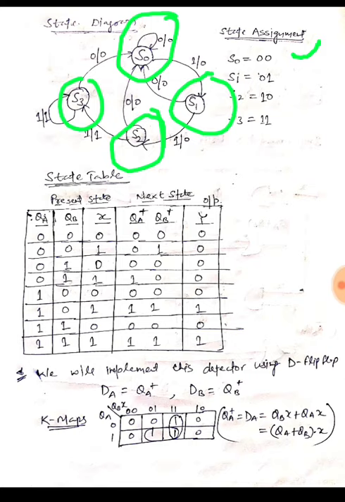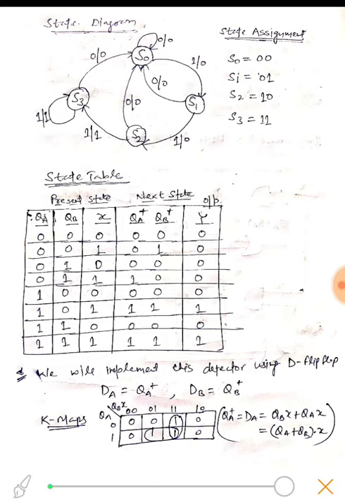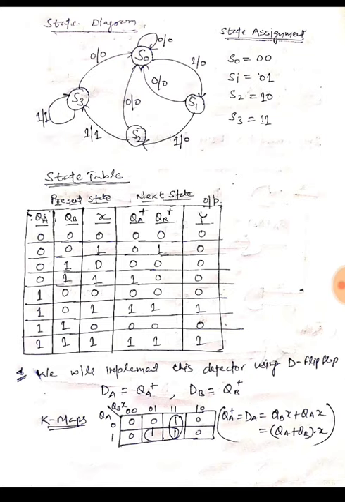State S0 would be 0 0, state 1 would be 0 1, state 2 would be 1 0, and state 3 would be 1 1. So we have denoted them by binary numbers. Now see how the states can be changed. If it is in state 0 initially, if we get a 0, it will remain in state S0, because we need a 1.